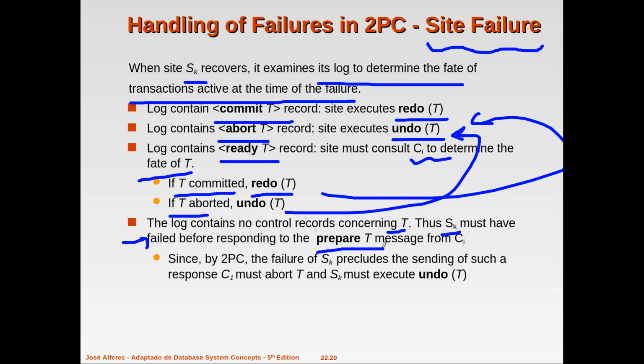So that site was not at all part of that transaction, because before receiving the prepare T message, the initial message itself, the site was under failure. So since in the two-phase commit protocol the failure of the site precludes the sending of such a response, the transaction coordinator must abort T and Sk must execute undo transaction.